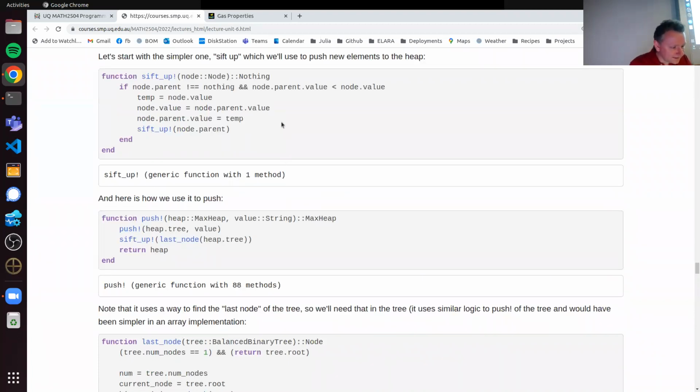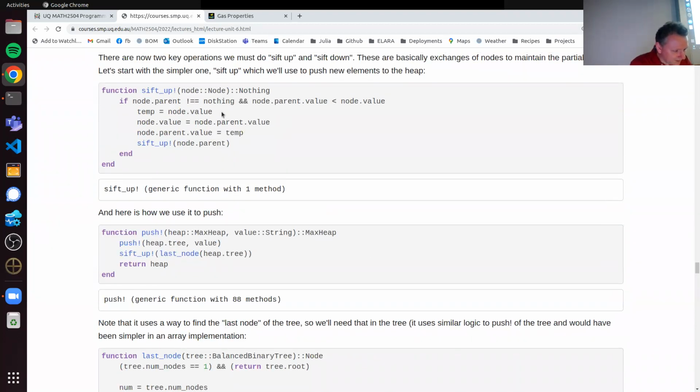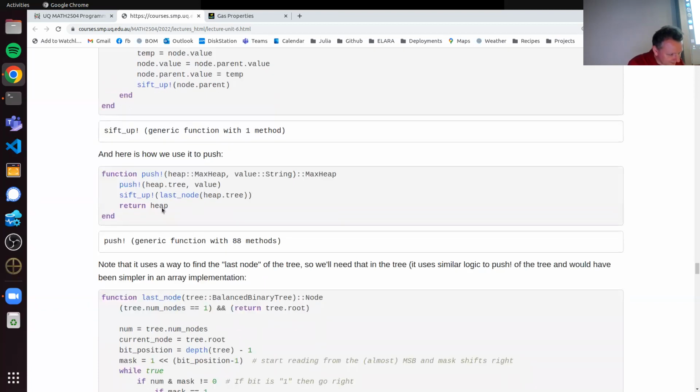So sifting up means, we push a new element to the heap, but we're going to shift everything as we go around. So it's sort of like twisting it. And when we push things on, we put it in place.